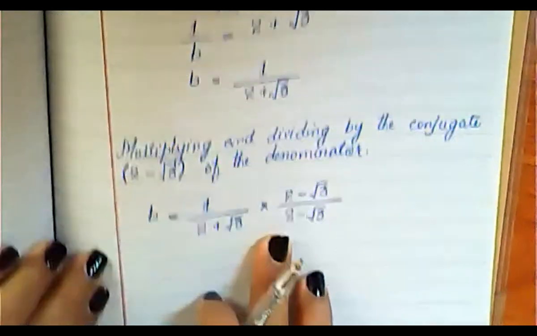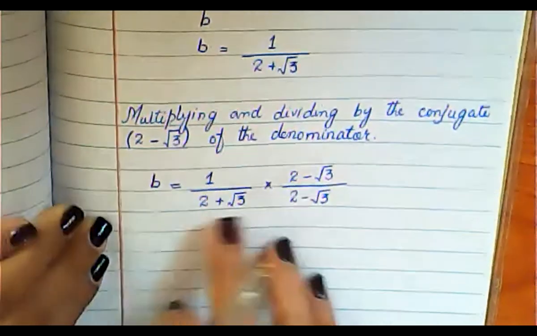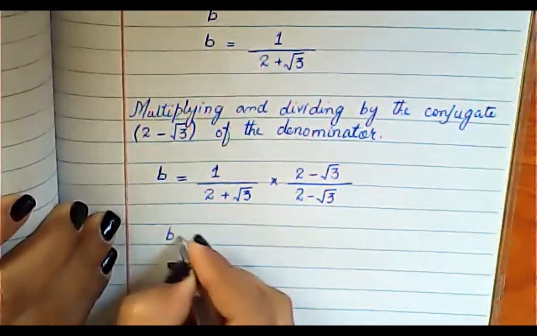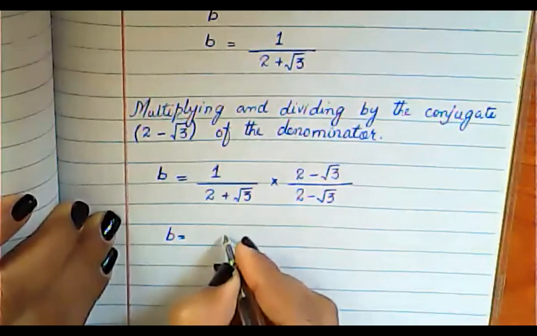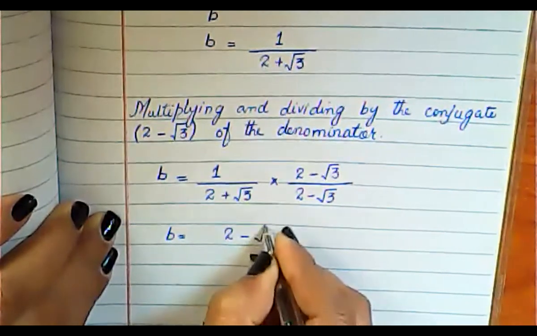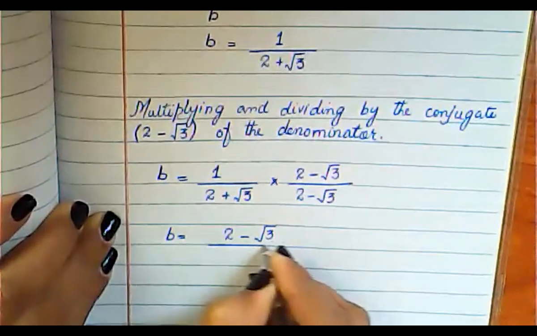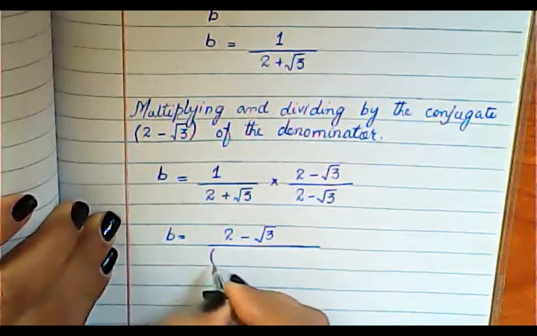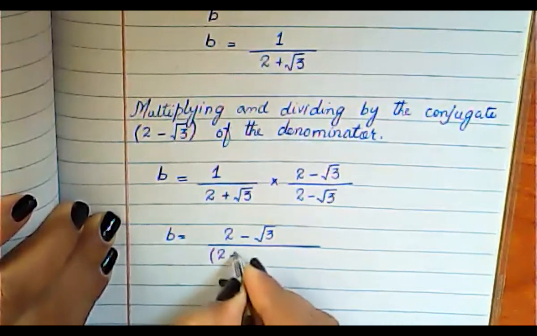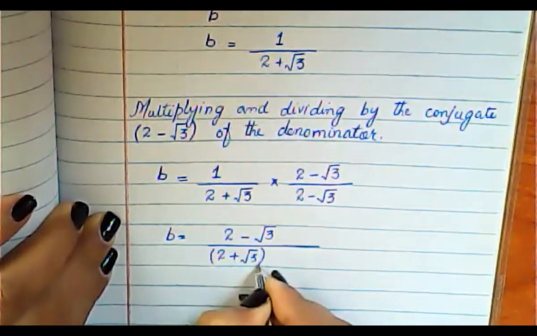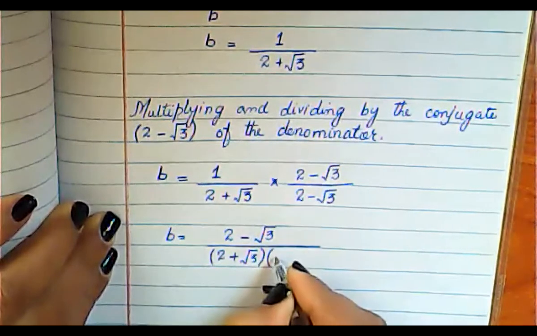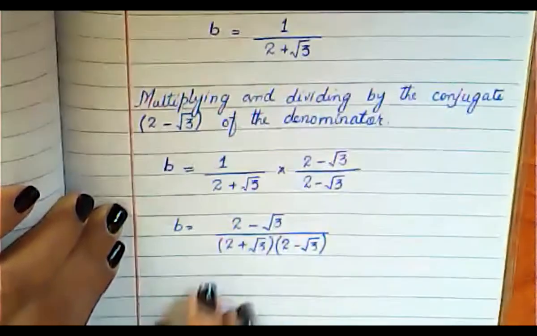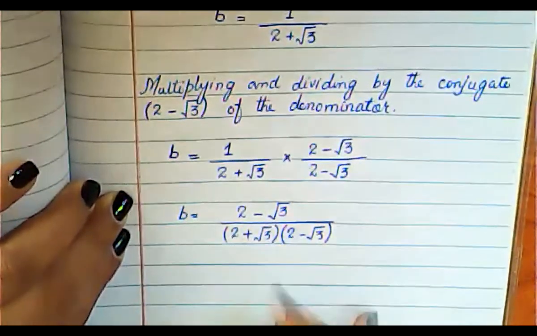Simply multiply numerator with numerator and denominator with denominator. So b is equal to the numerator 2 minus under root 3, divided by the bracket 2 plus under root 3 multiplied by the bracket 2 minus under root 3. Now, as you know, we will apply the formula here. Which formula?